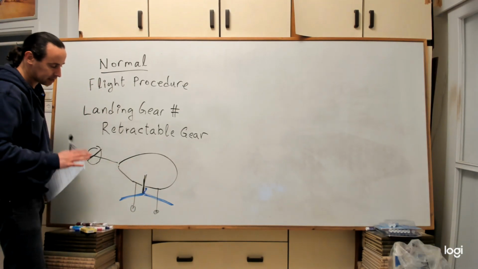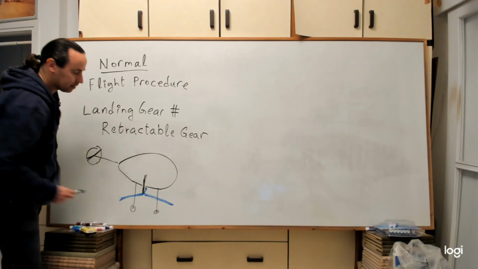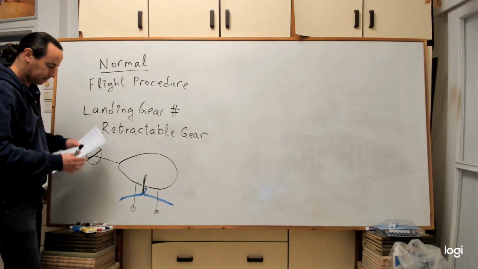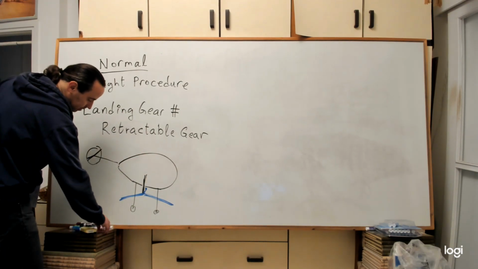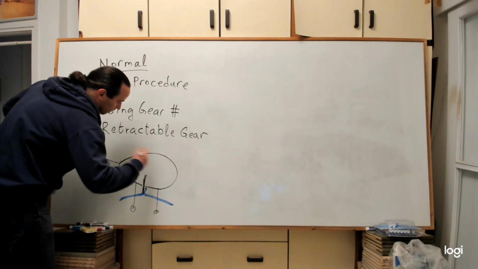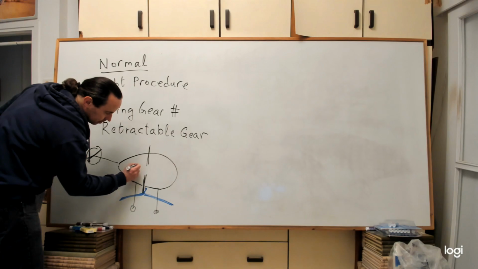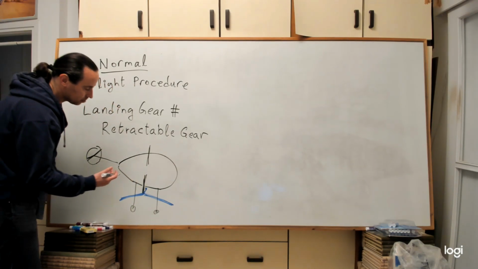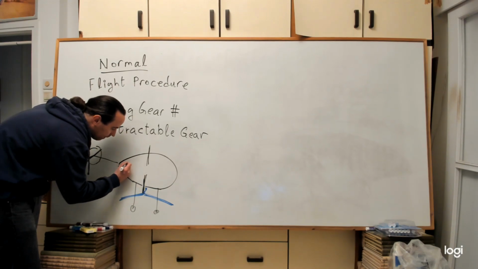It's almost normal wheels, like an airplane. And of course it has the normal engine. Let's say this is the engine. I don't know what a helicopter engine looks like. Let's say there is some engine here.